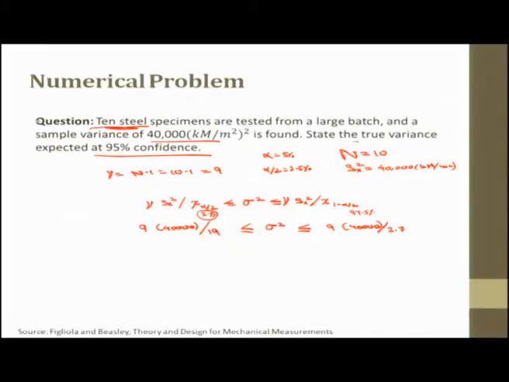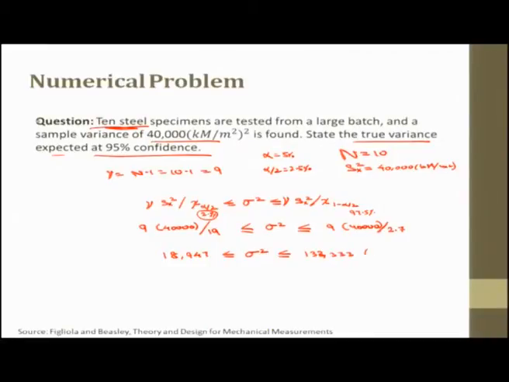Here it says state the true variance expected. So, the precision interval for the variance, if I calculate this, is 18,947 less than the population variance, which is less than or equal to 133,333.